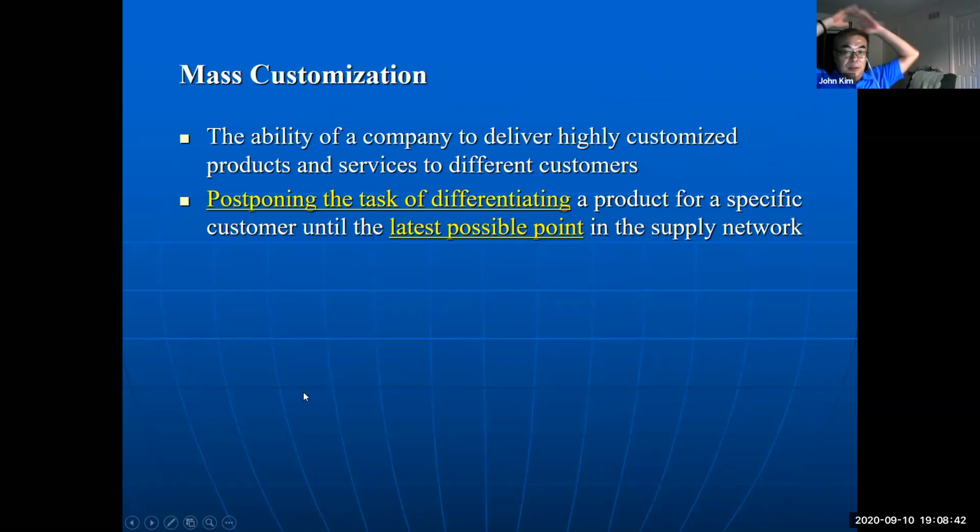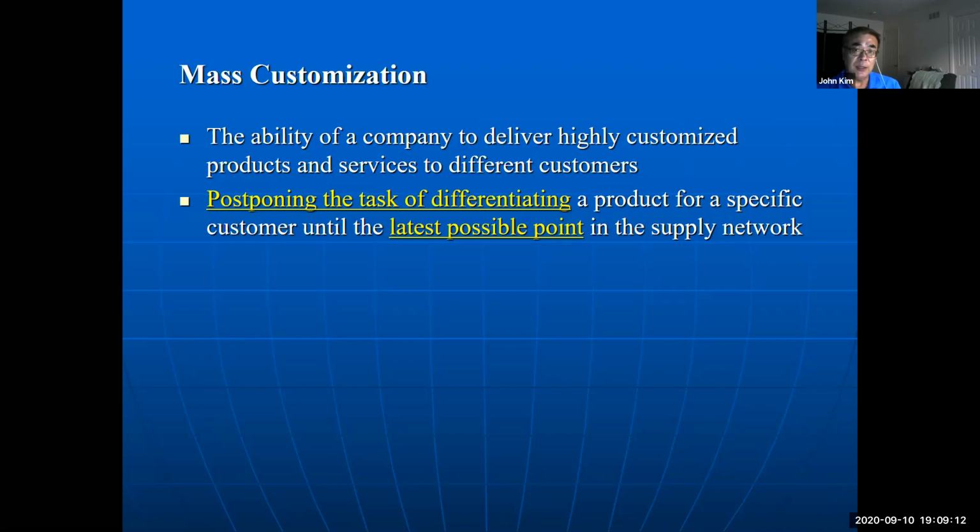And then earlier we talked about modular, and then mass customization, the process. Mass customization means the types of product are many, and then volume is large. So that is mass customization process or situation.